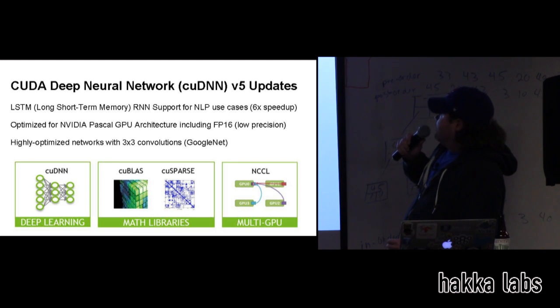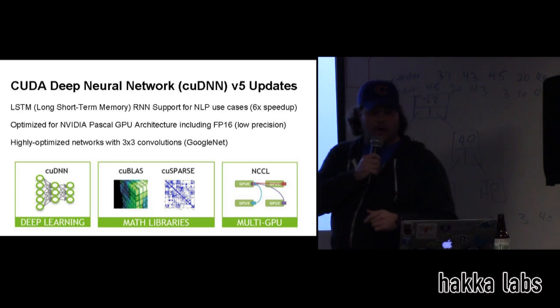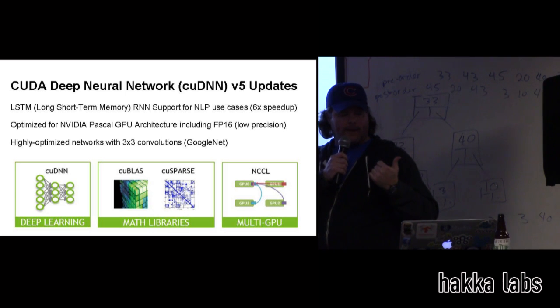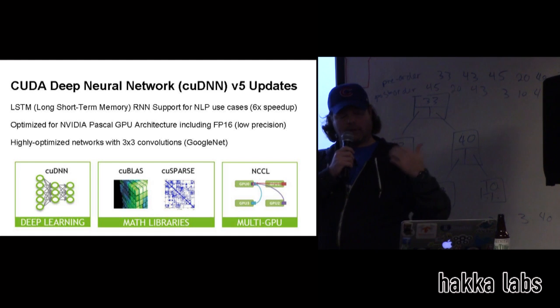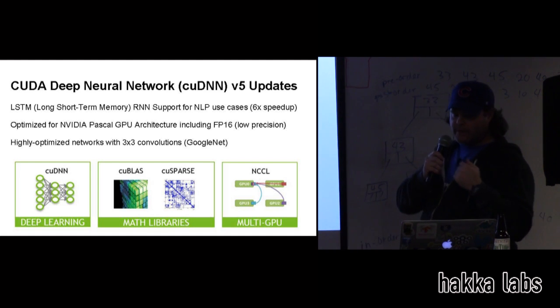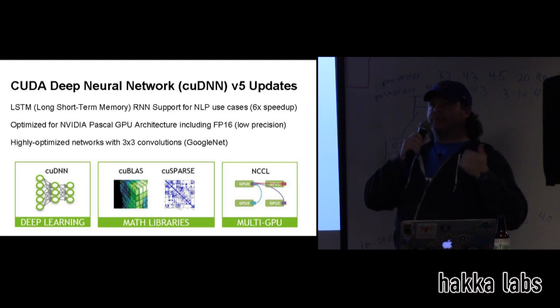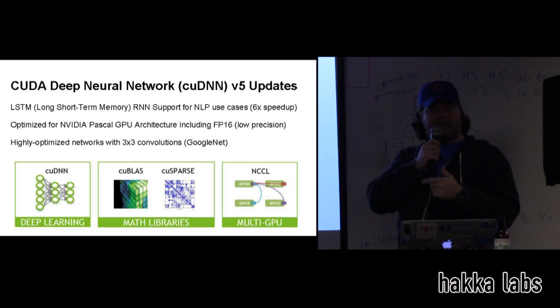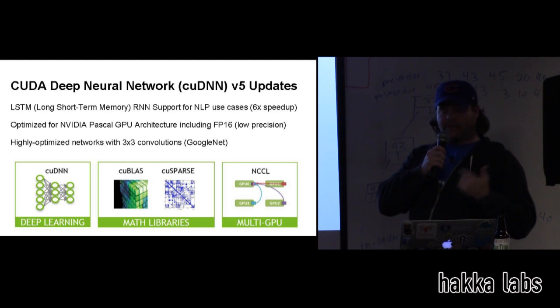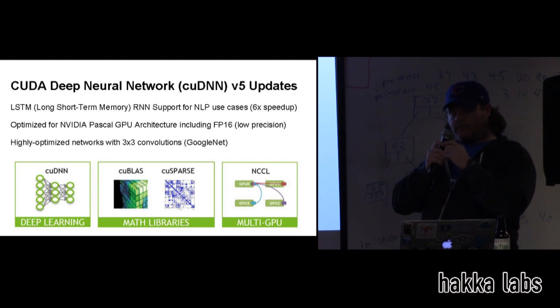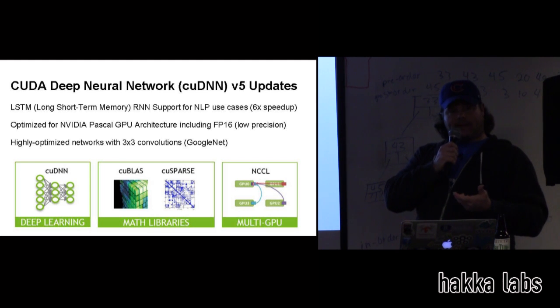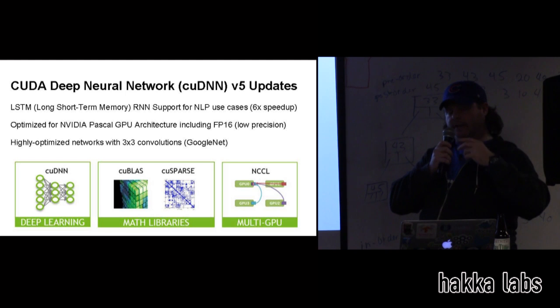That's pretty cool. Optimized for the NVIDIA Pascal, the new GPU architecture, which has floating point 16, the low precision. What you'll see too, and I think Fabrizio or someone will talk about this, is the ability to train at full precision, 64-bit, 32-bit, higher precision, but then for small devices, or for faster scoring and classification, you can get down to lower precision.